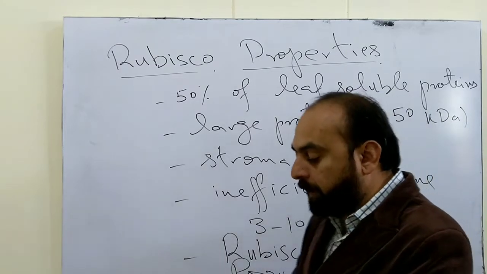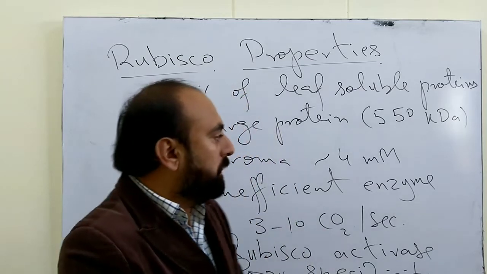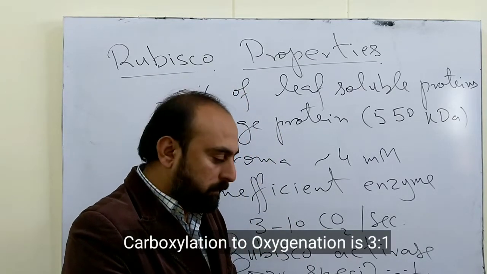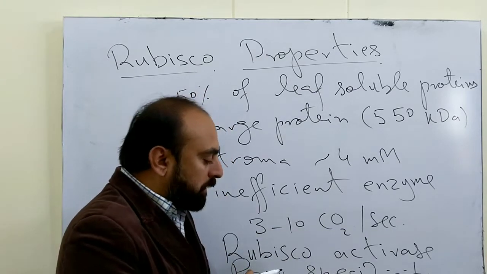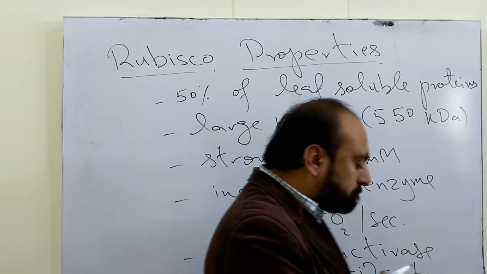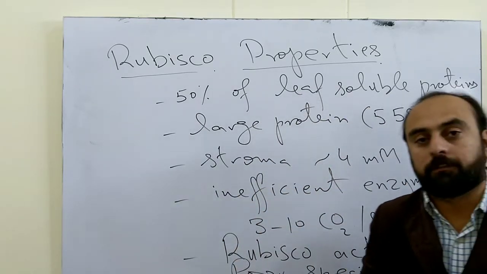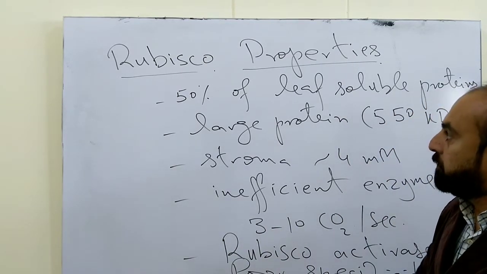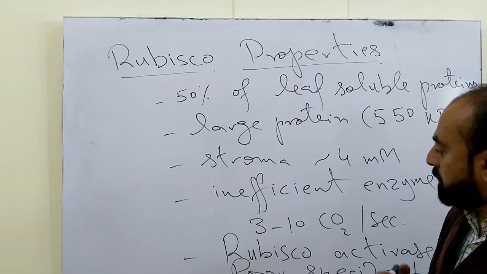Now for every 3 molecules of carbon dioxide fixed, 1 molecule of oxygen is also taken up by Rubisco. So the rate of photorespiration is about 30 to 40% in C3 plants.